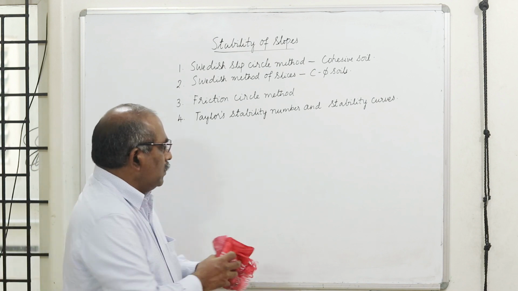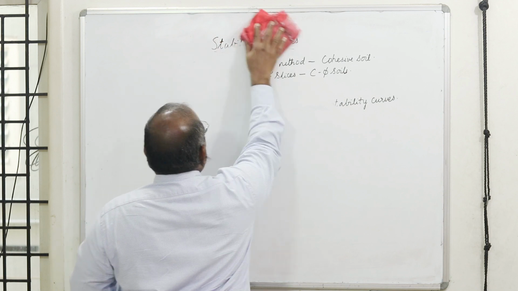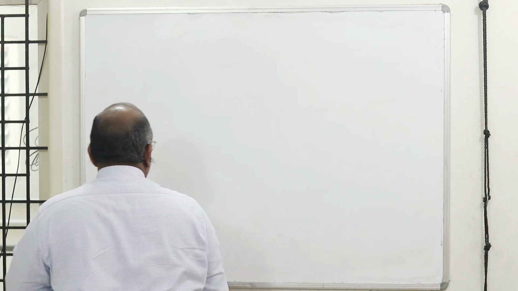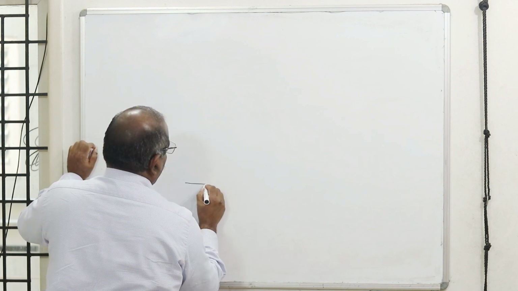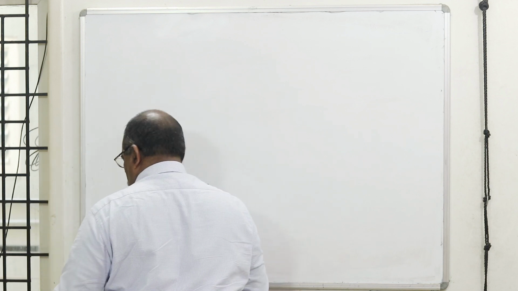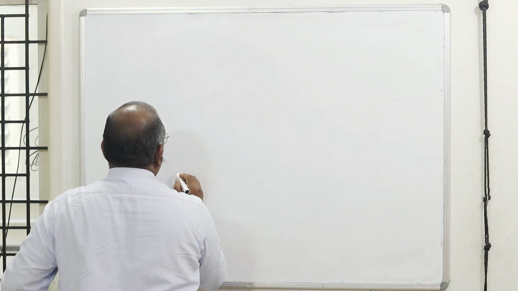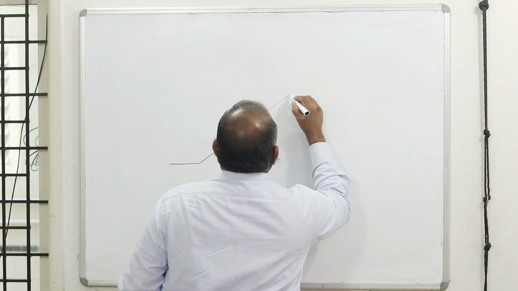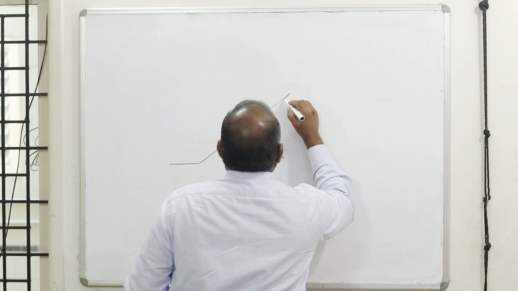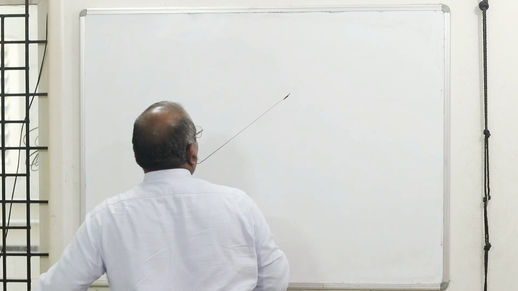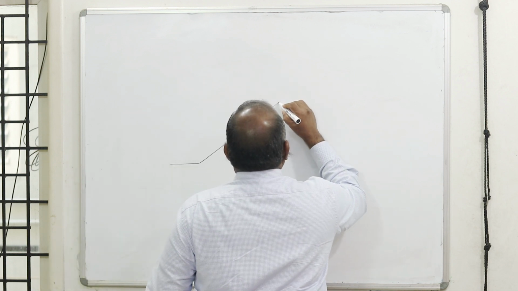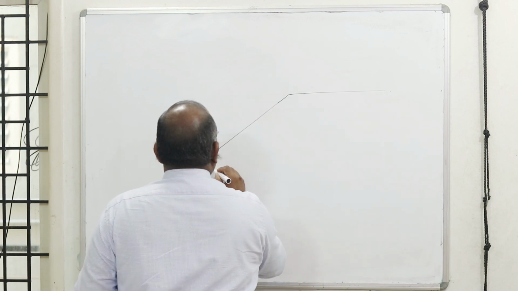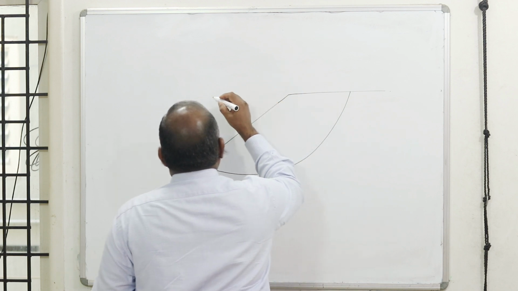Now for a given slip center, let us say this is the slope, and for this slope we have a trial slip center and it passes through the toe.